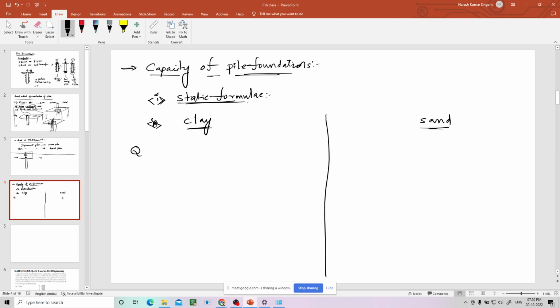If capacity is denoted by Q, in shallow foundations, as I have once given this formula, the bearing capacity is cNc plus gamma dash Df Nq plus half gamma B N gamma.